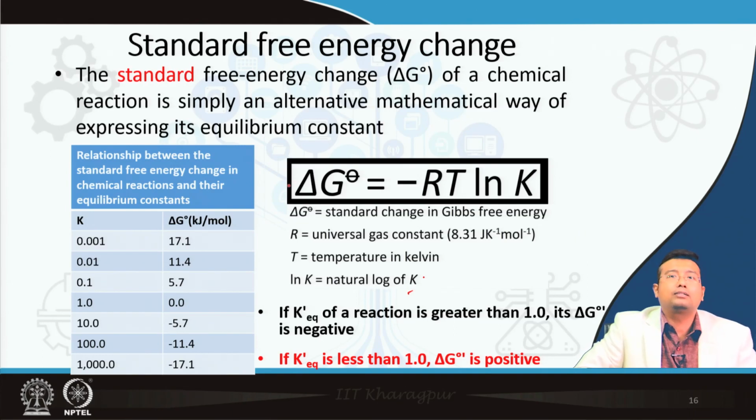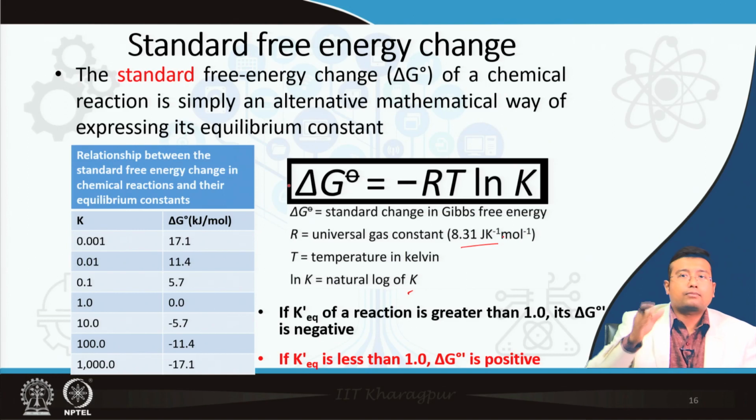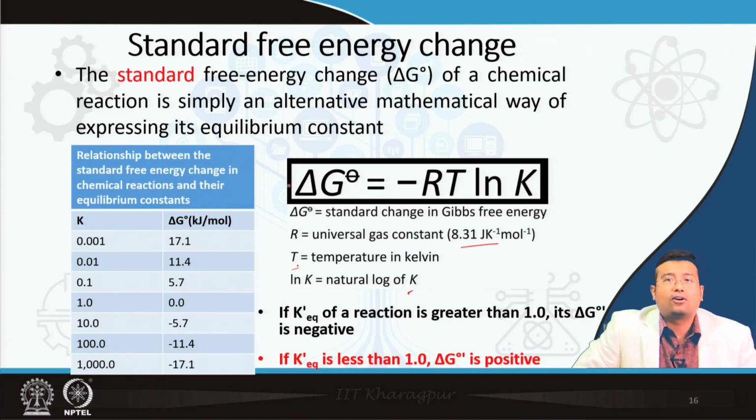What are these variables? Delta G0 is the standard change in Gibbs free energy. R is the universal gas constant, its value is fixed, 8.31 joules per Kelvin per mole, and T is the temperature.